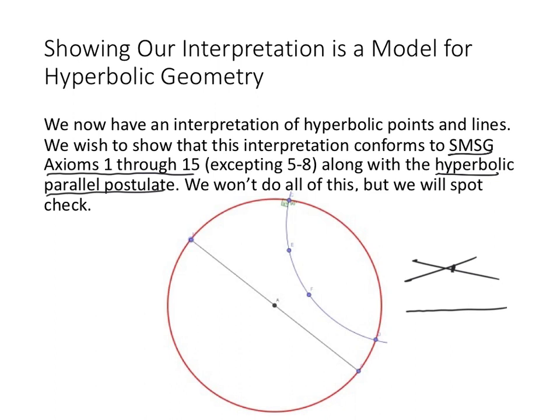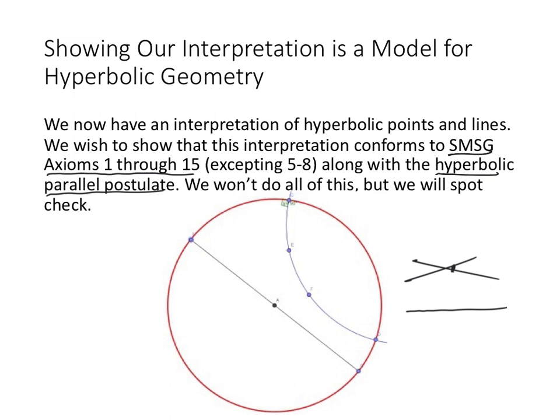We're going to build a model for hyperbolic geometry. Now, it won't be exactly a concrete model, but it will be a model that lives within the Euclidean plane. And so what this will mean is that hyperbolic geometry will be at least as consistent as Euclidean geometry is.